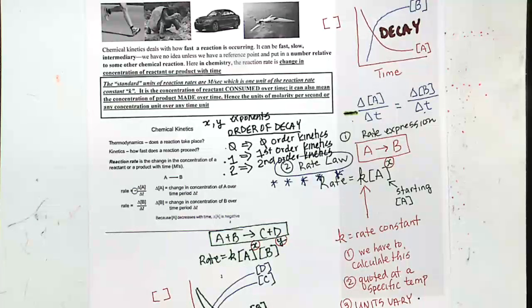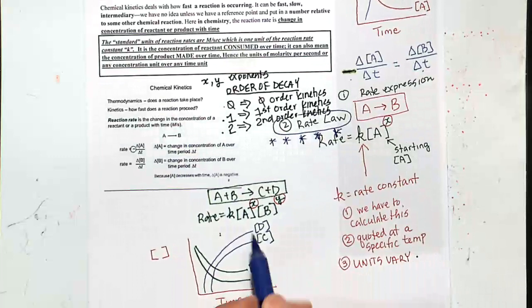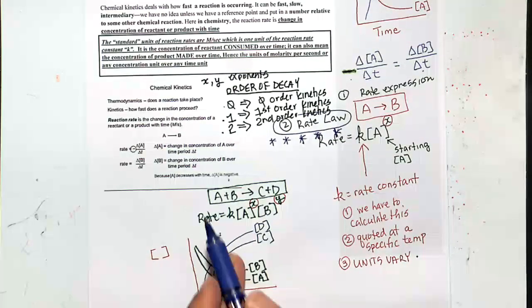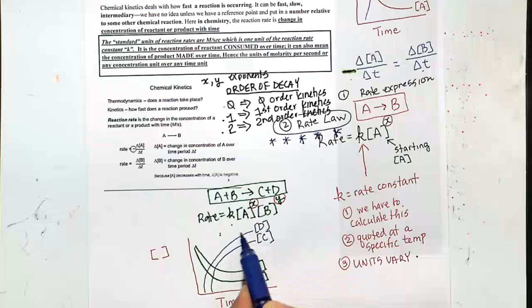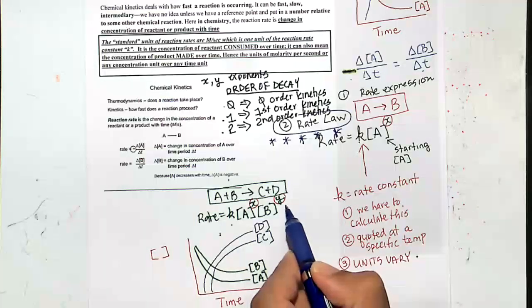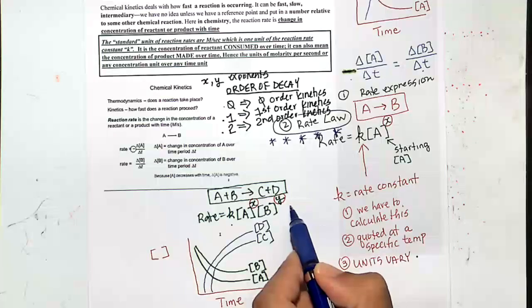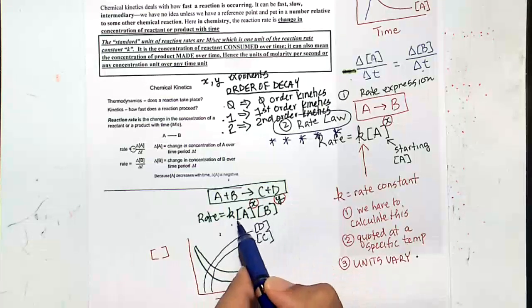Is the rate law for A plus B produces C plus D? Where is that rate law? This is the rate law. We have to calculate K, and we have to calculate how A decays, 0, first or second, and we have to calculate y, the exponent y, which is how B decays. Does it decay 0, first or second?